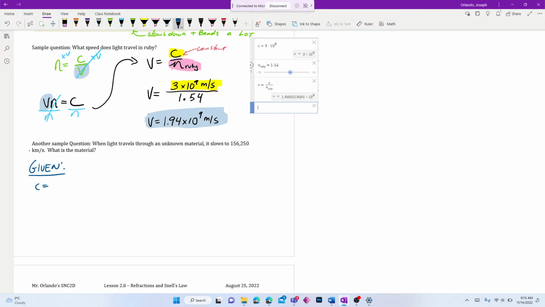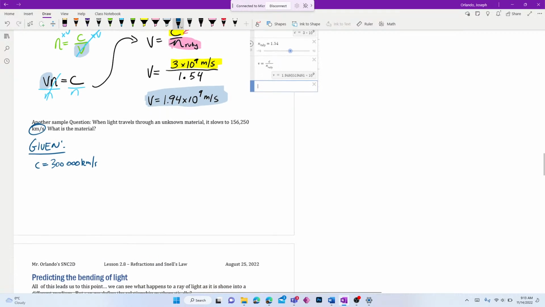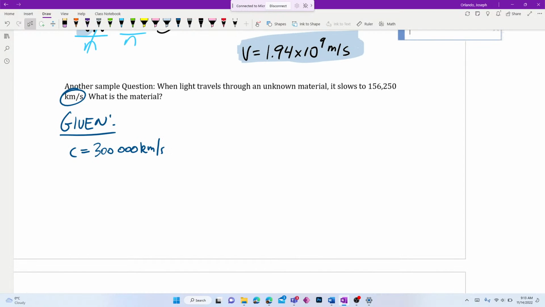In this case, what unit are we working with? Kilometers a second. So do we know C in kilometers a second? Light goes how many kilometers every second? 300,000 kilometers a second. By the way, you'll never have to have that memorized. It'll always be written down for you. You probably will memorize it, but you don't have to.